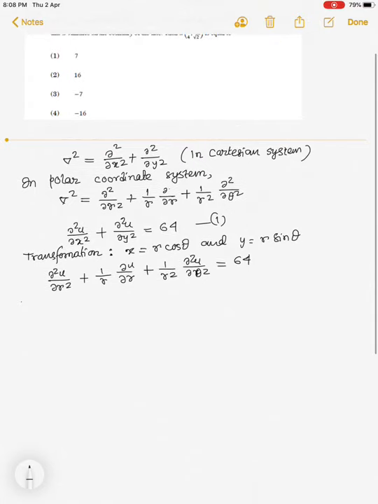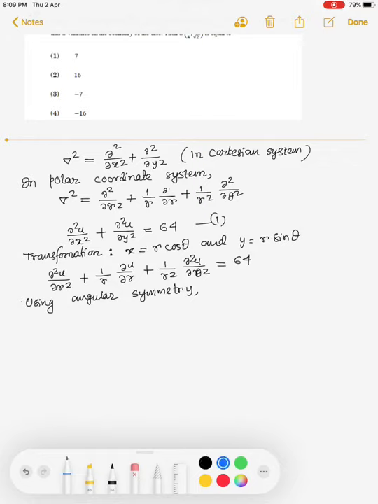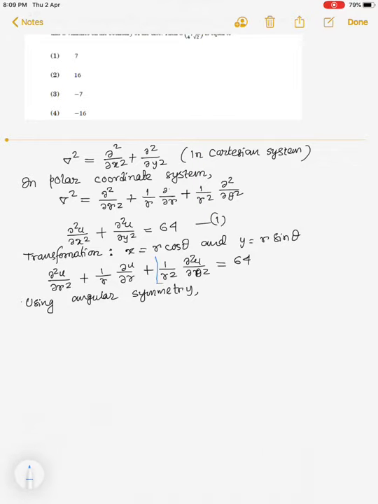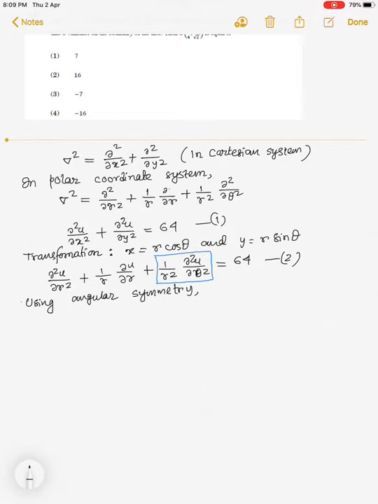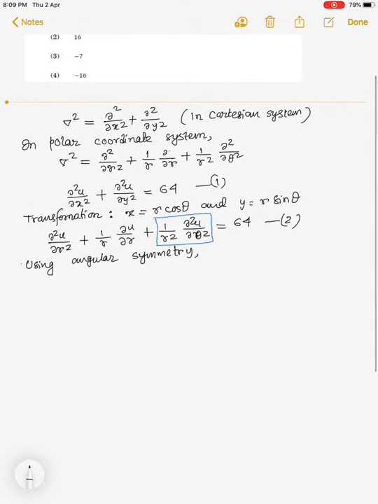Now since this problem is related to the unit disc, using angular symmetry we can neglect the term 1 by r square del 2u del theta 2 from this equation 2.